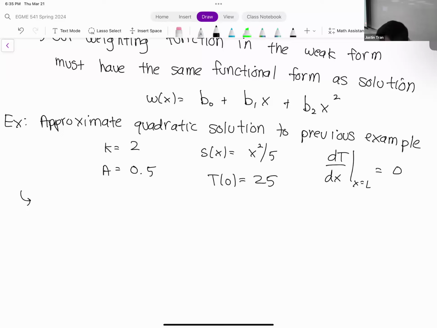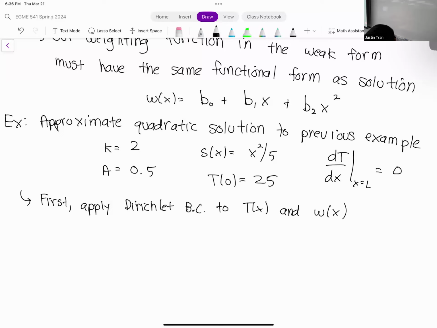So first thing we're going to do, before we even bring up the weak form, is we need to make sure our approximate solutions exactly satisfy the Dirichlet boundary conditions. We're going to apply our Dirichlet boundary condition to T of x and w of x.